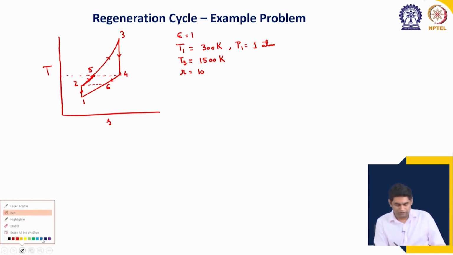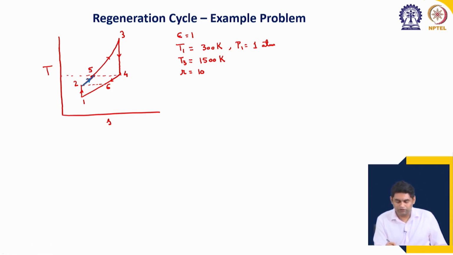Let us emphasize these regeneration processes. One process is going from 2 to 5, the corresponding heat removal is from 4 to 6, and then we close the cycle by using a heat removal at constant pressure going from 6 to 1.